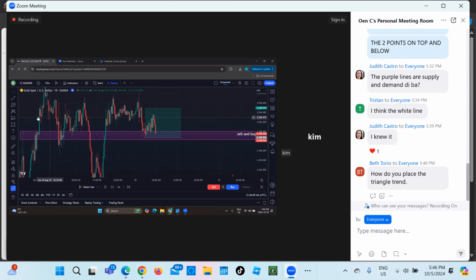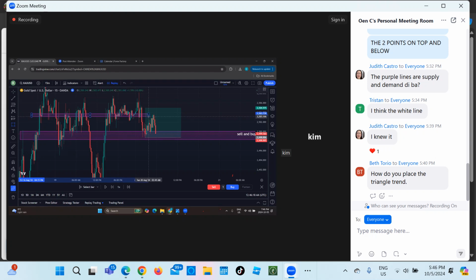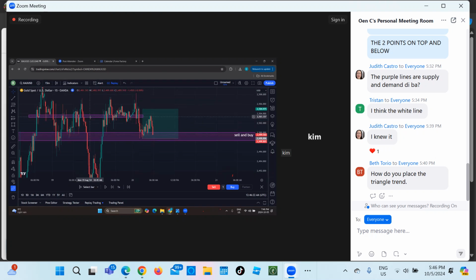Because this side here is a very strong supply zone. So I would put my demand zone, my supply zone around this area. This is going to be our new sell side.